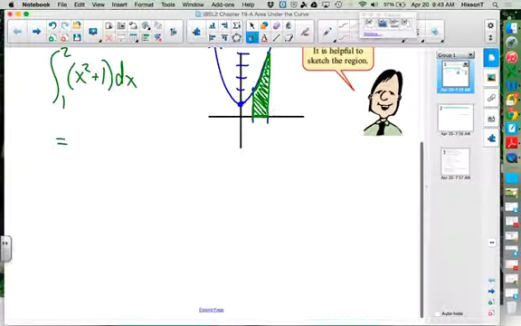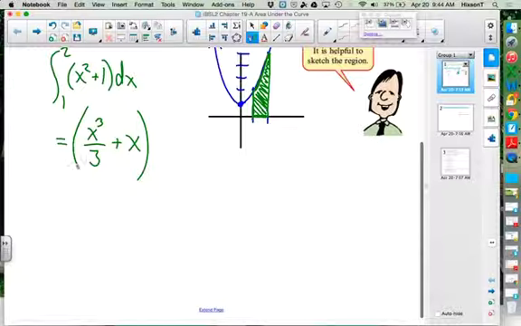Now though, what is the integral of x squared plus 1? That would be a no-brainer at this point. The integral of x squared plus 1 is 1/3 x cubed plus x.